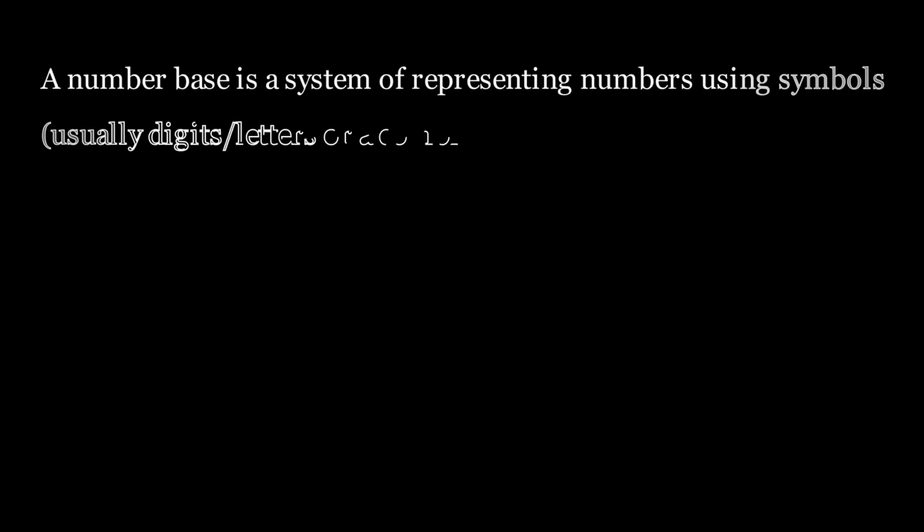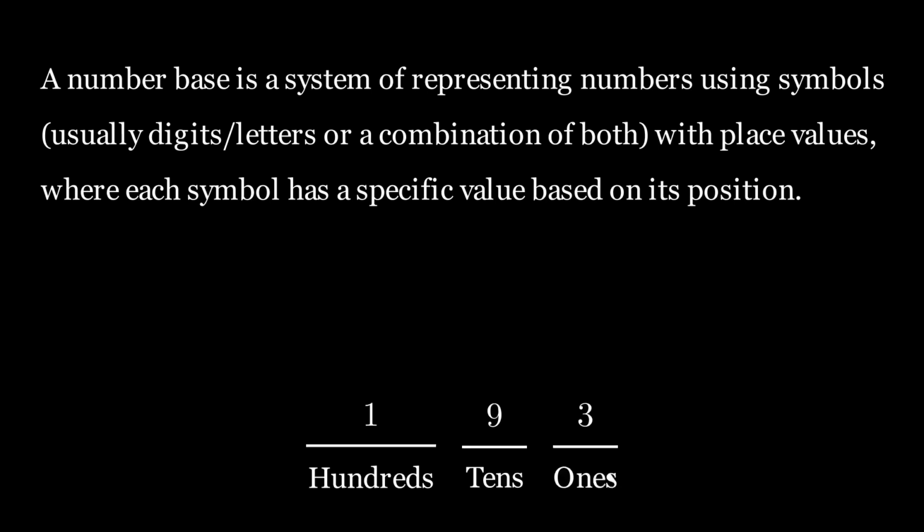and see if we can make some sense of some things I stated there. The definition tells us that a number base is simply a way of representing numbers using symbols with place values. And so for the number 193, we can use the digits 1, 9 and 3 on the third, second and first slots respectively.